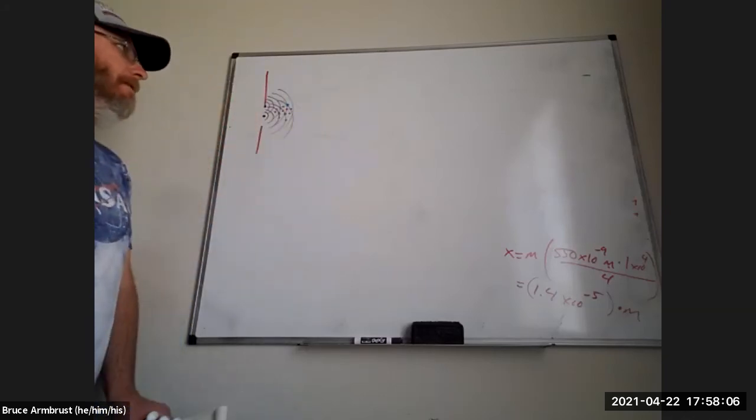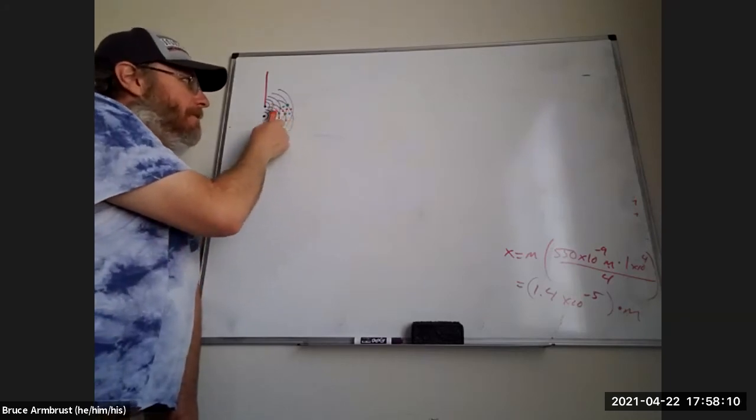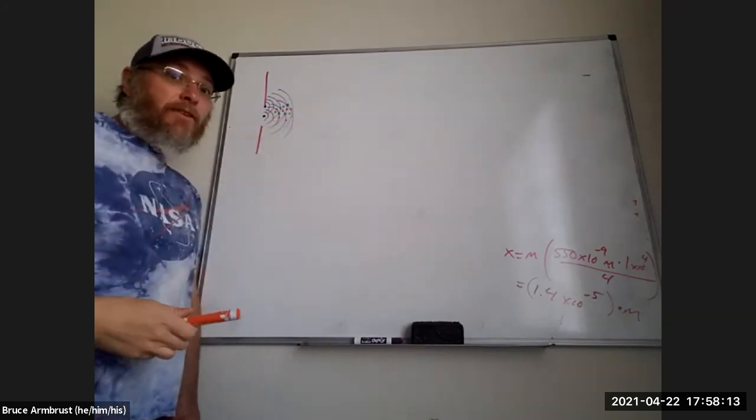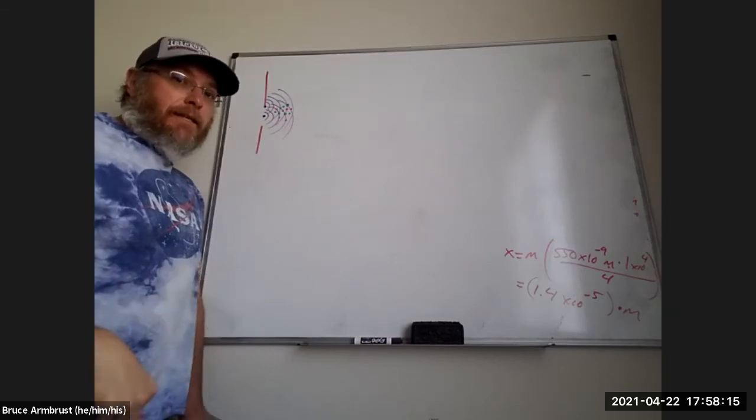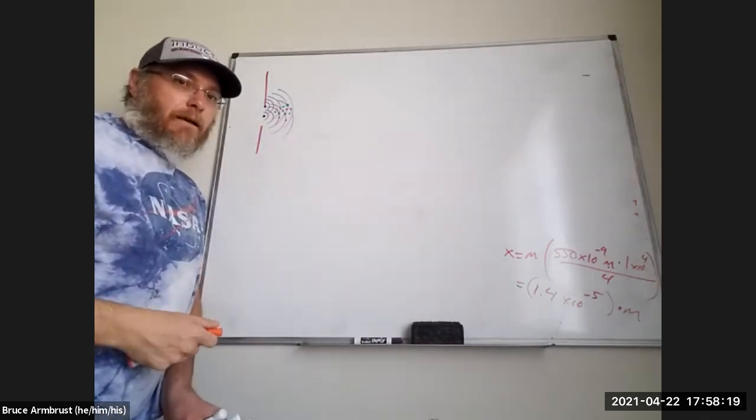So there's a few of them, and they're going to go destructive, constructive, destructive, constructive. Those two are going to lead to a bright, dark, bright, dark, bright, dark kind of pattern.